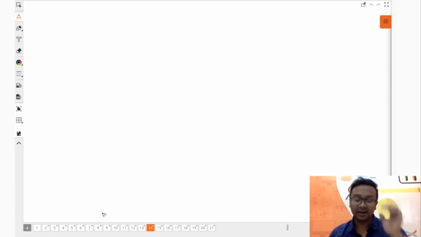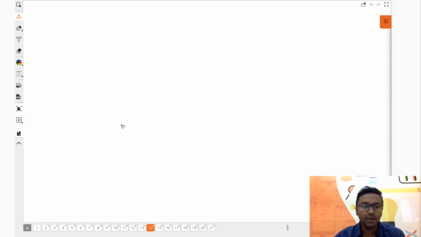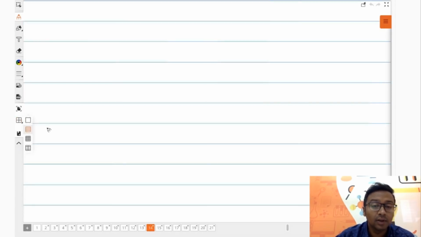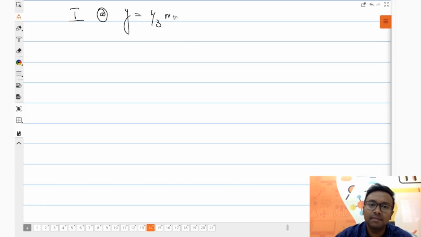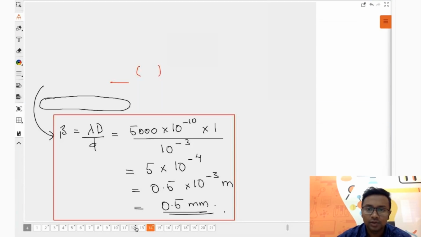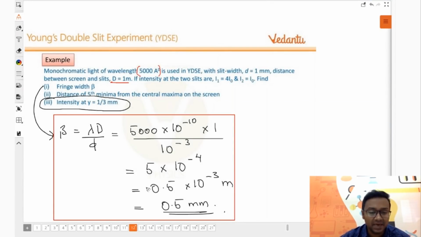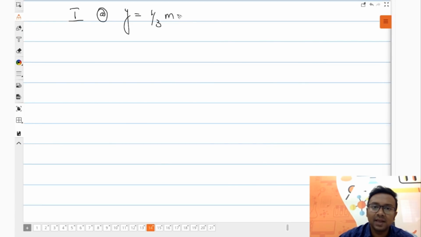All right. I hope this is clear to everyone. So we need to find out what is going to be the intensity at y equals 1 divided by 3 millimeters. My correction, 1 divided by 3 millimeters.